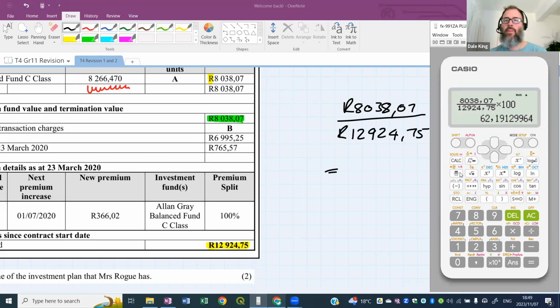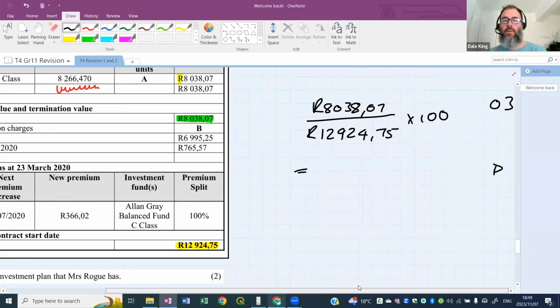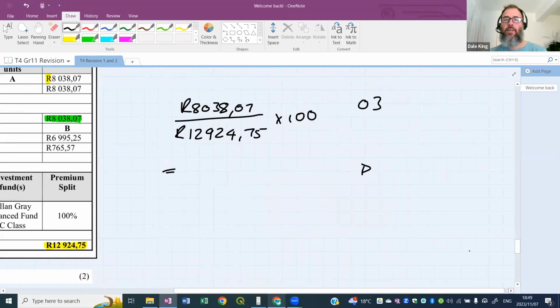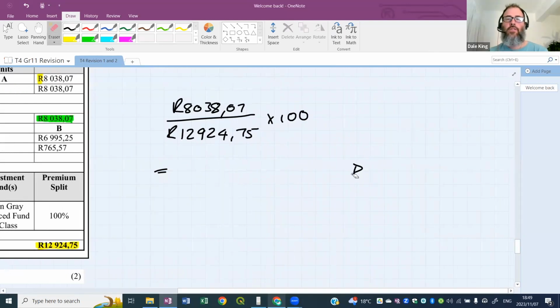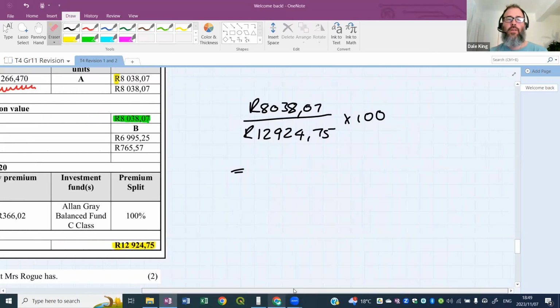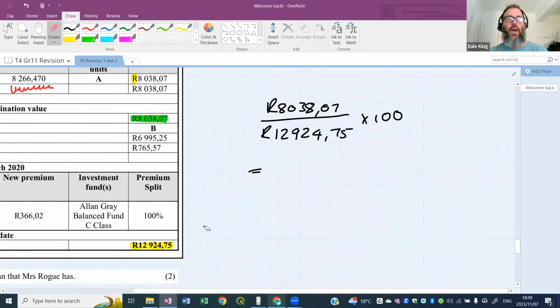Interesting. You're actually pretty much there. All right, I'm going to rephrase it a little bit. So, what if I said to you, Emmanuel, how much did the fund drop from the total premiums to that 8,000 rand? How much did it drop?